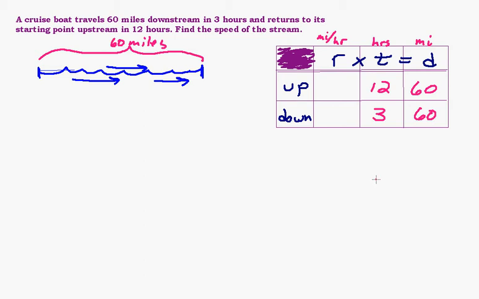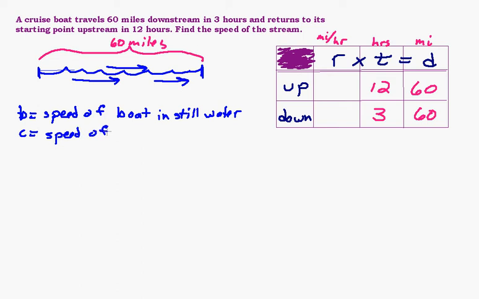Those are two things we don't know, so we need to make variables for those. Let B equal the speed of the boat in still water, which means no current affecting it. And then we can let C equal the speed of the current.